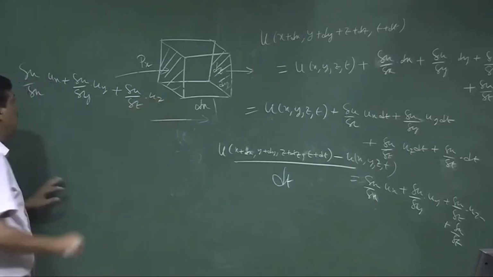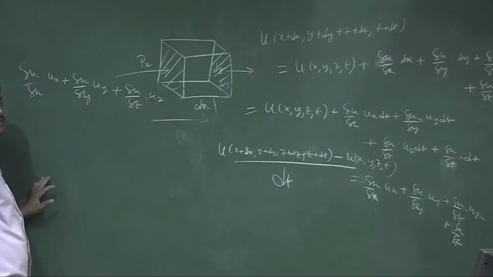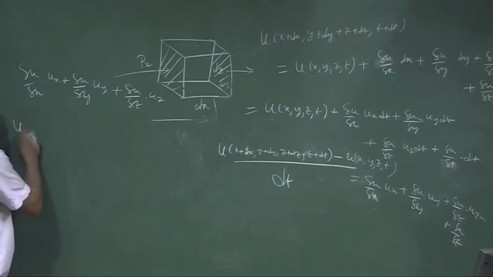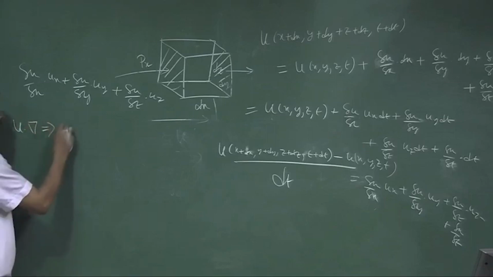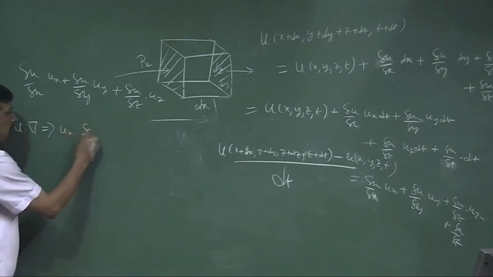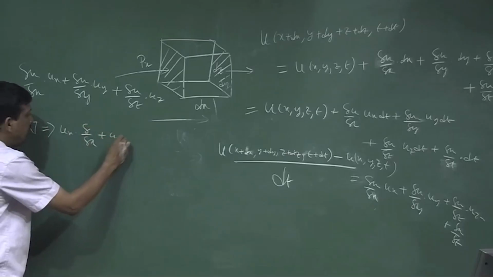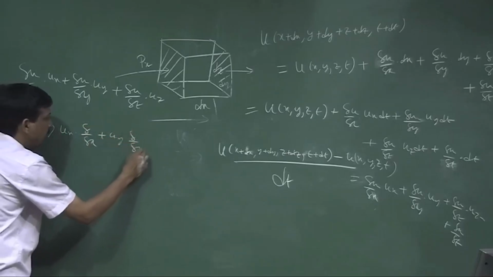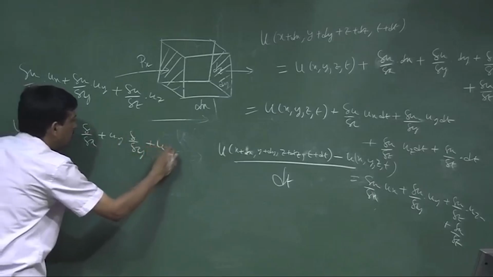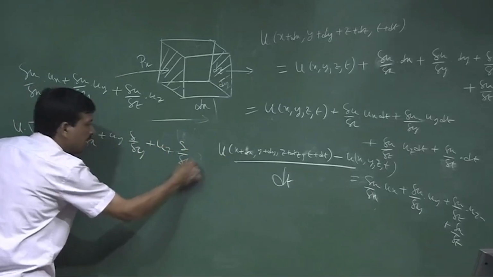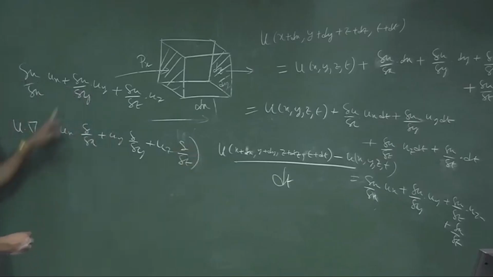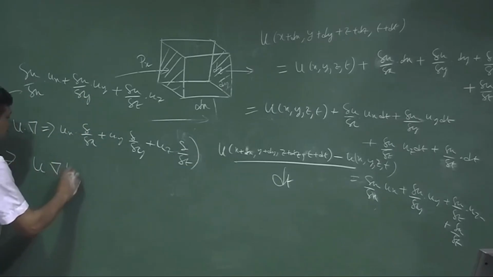What is this? The u divergent is nothing but ux del by del x plus uy del by del y plus uz del by del z. So, I can write this as u dot del of u.